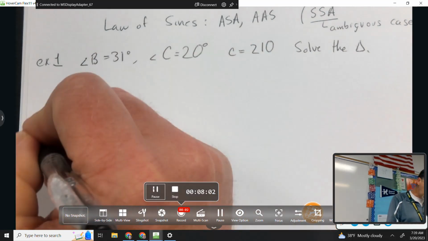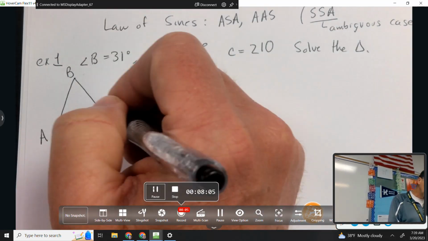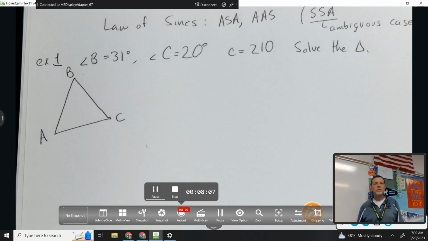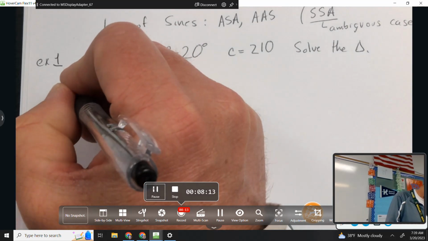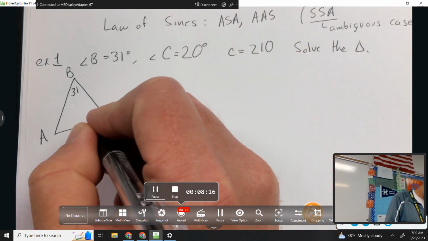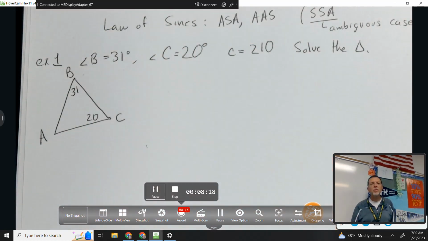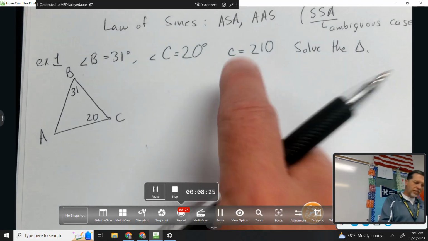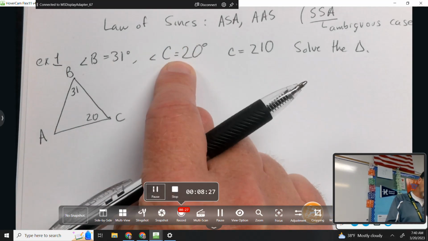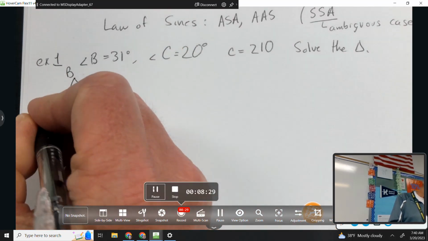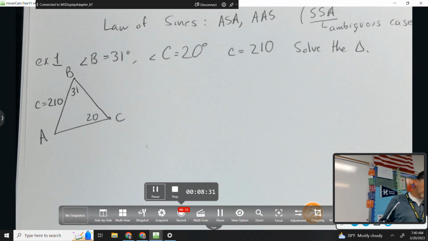It doesn't really matter what your triangle looks like, or even where you label angles A, B, and C. So this is probably not to scale, but that's fine. What does matter is that side C is across from angle C, so I need 210 to be across from angle C. I need the C's across from each other.